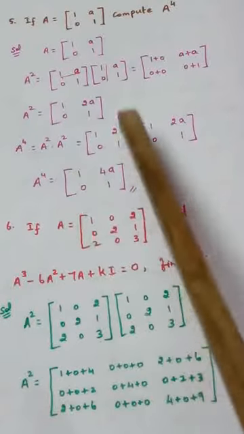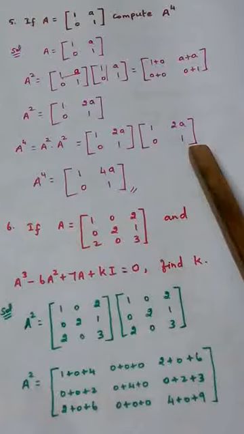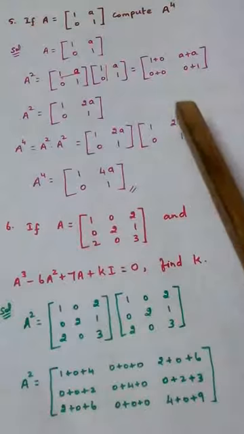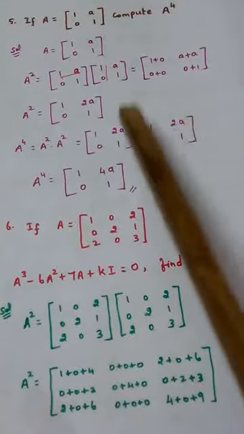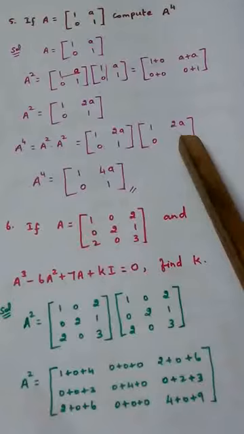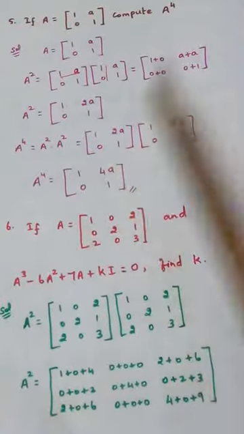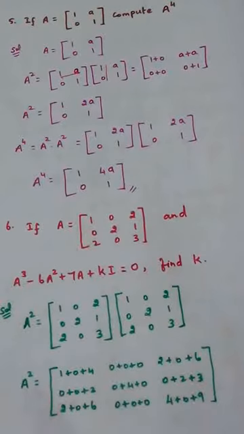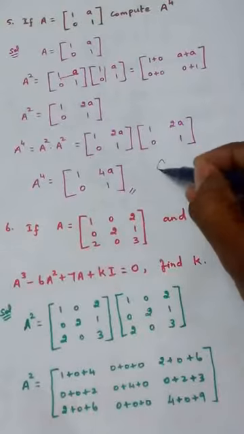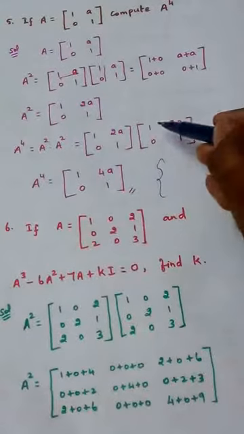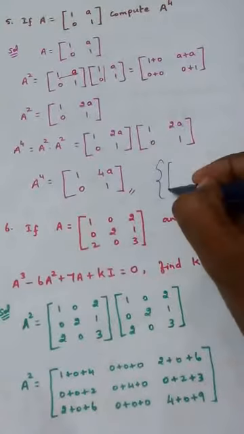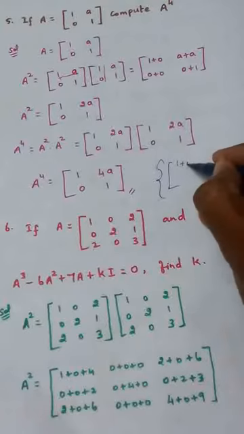Directly I am writing. First row, second column: 1 into 2A, 2A, plus 2A into 1, 2A. Both are 2A, so 4A. If you are getting confused, I will write this in the rough column. First row, first column: 1 plus 0.